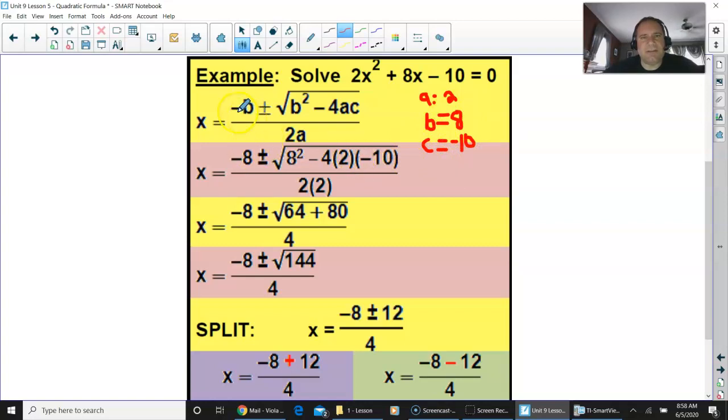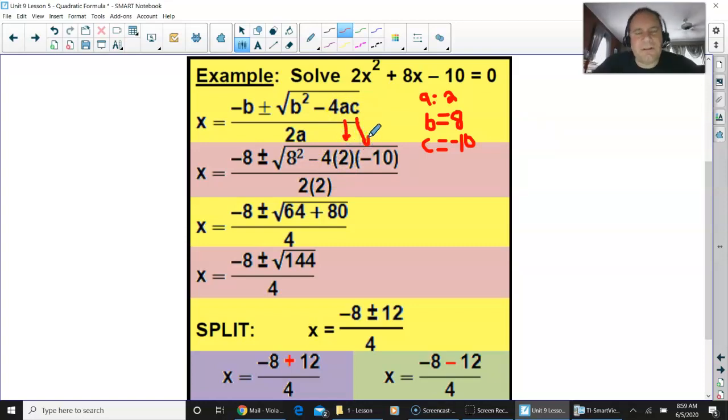So see this negative b? This 8 becomes a negative 8. Plus or minus is part of that formula. Square root b squared. B squared is 8 squared. Minus 4a. A is 2. So we're putting a in parentheses. And then c is negative 10.